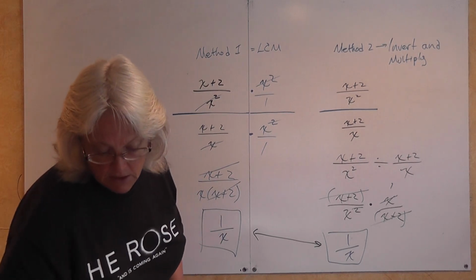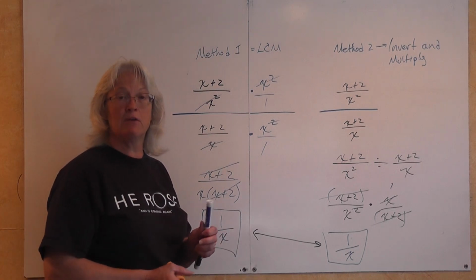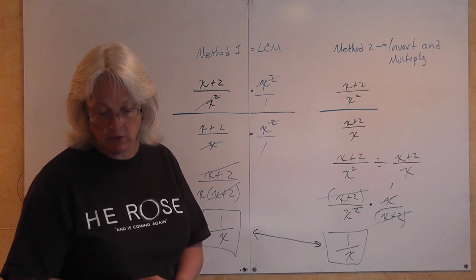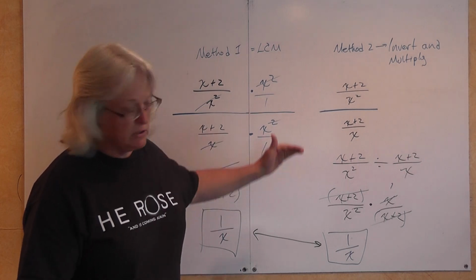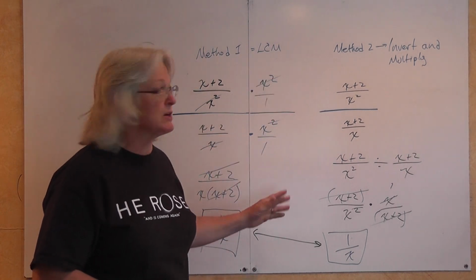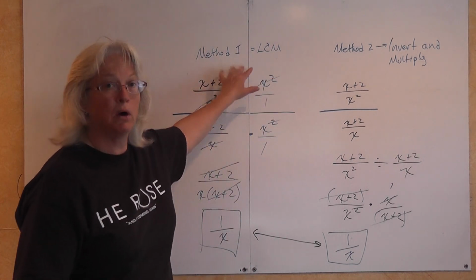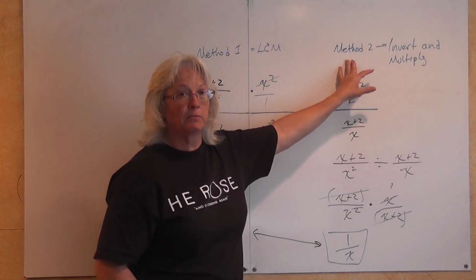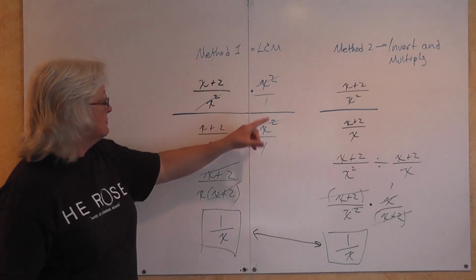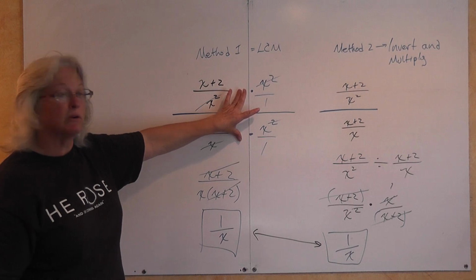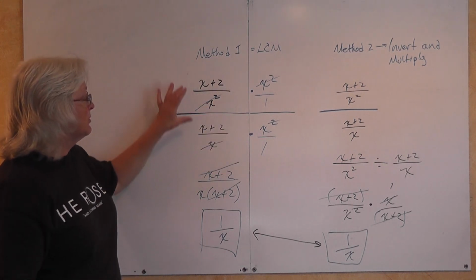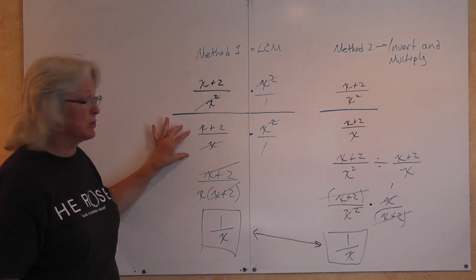Okay? Now we're at the bottom of page 507 where it is explaining to you what you're going to do to simplify complex rational expressions, whether you're using method 1 or method 2. Here we simply multiply numerator and denominator by the least common multiple of the rational expressions.